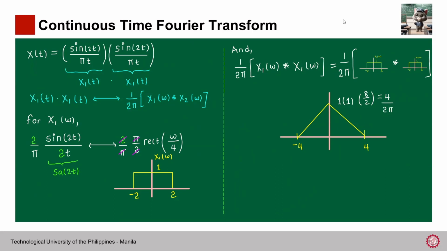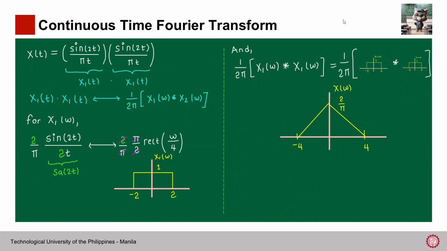So let me erase this, guys. So, 4/2 pi is 2/pi. So the height of this is 2/pi. So this is x of omega, the graph of x of omega.